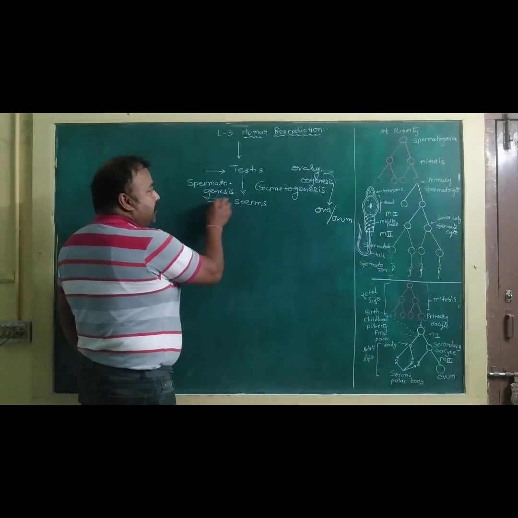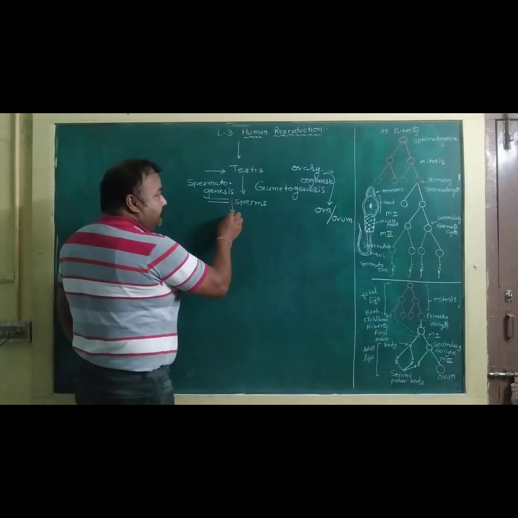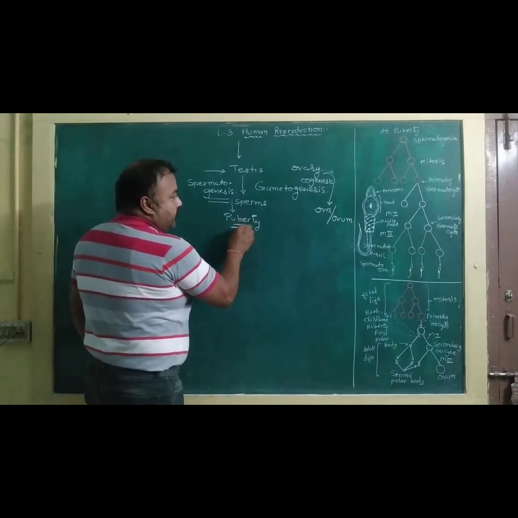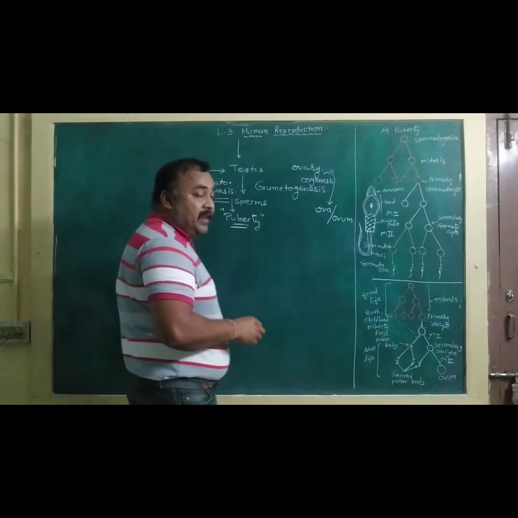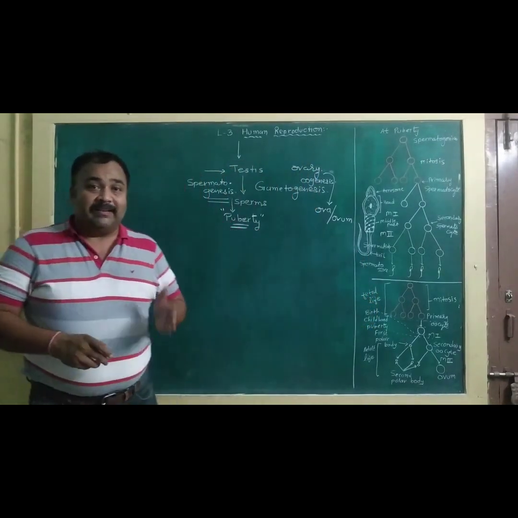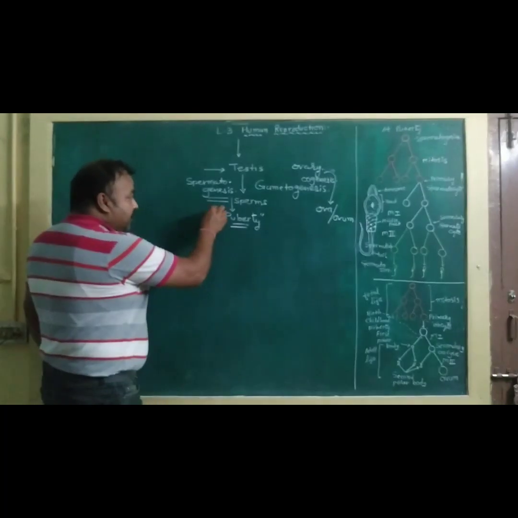The process of spermatogenesis starts in males at the time of puberty. When a male enters into puberty, the production of sperms starts in his testes.